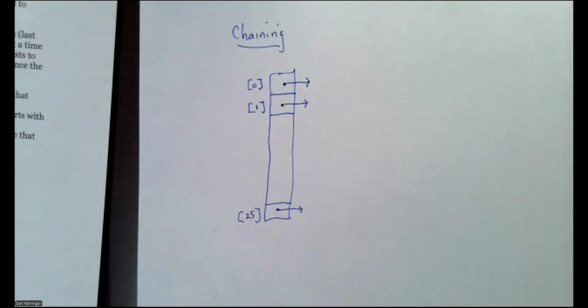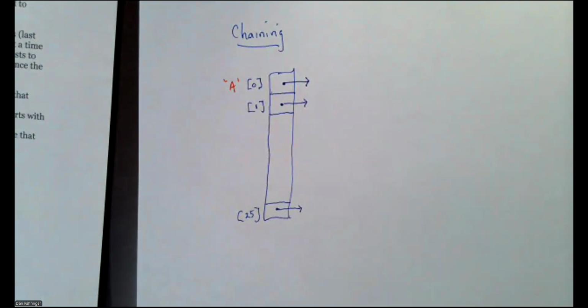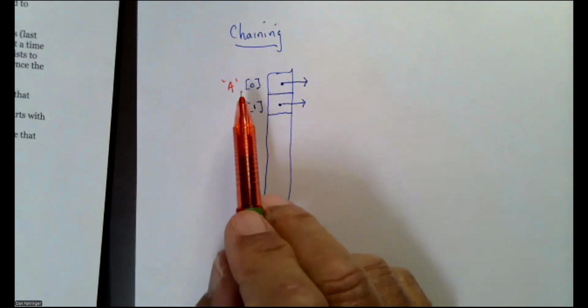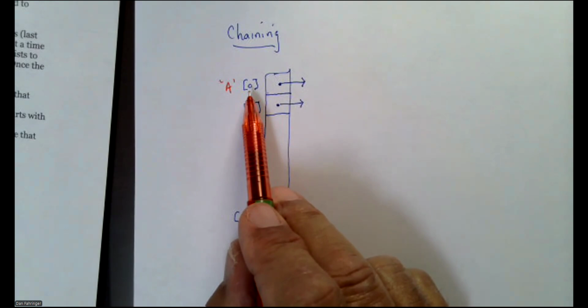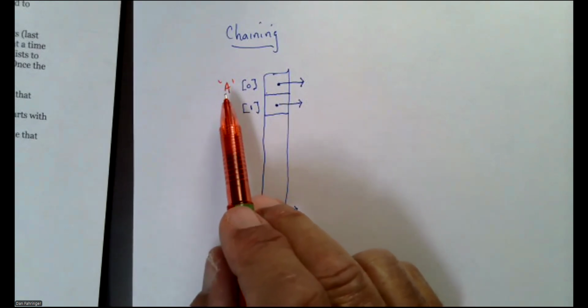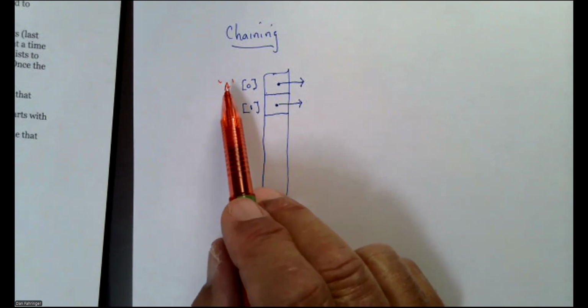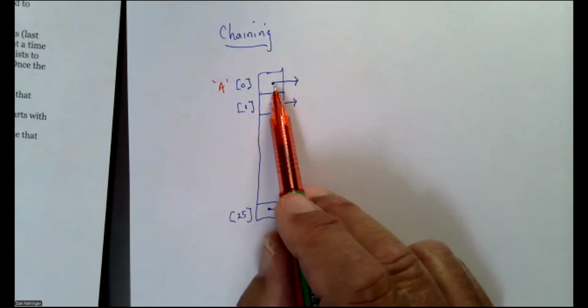Now, this array is of size 25. Why is it of size 25? Because there are 25 letters of the alphabet. Any last name that starts with an A is going to come to here. We can take the ASCII value minus 95 or 92 or 65, whatever it is, get the number 0, which will put me to here.